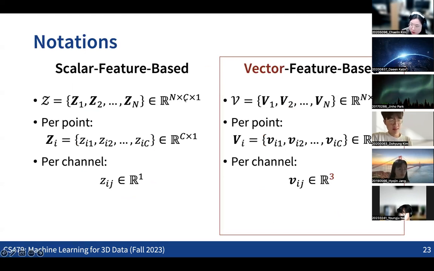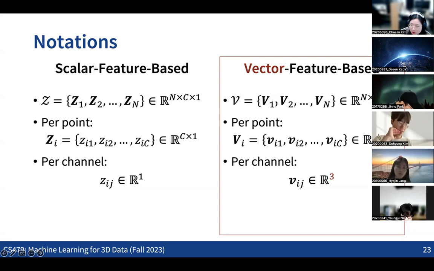So these are some notations. Here Z indicates the data for the entire point cloud, right? And for each of the points, we have these features. In this scalar feature-based system, we have the same number of scalar values. Each neuron that we see here is a scalar value, for each point and channel.